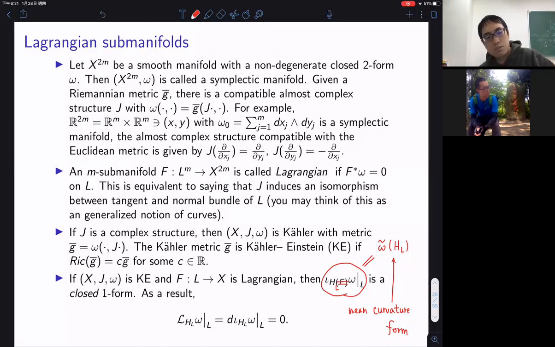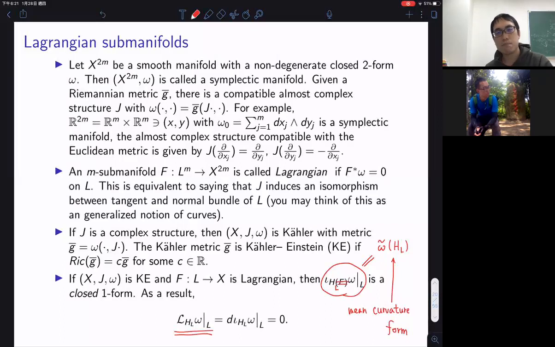Okay, so what's special about having a closed one-form? Well, once you compute the derivative of omega in the direction of the mean curvature vector, by Cartan's homotopy formula, what you will get is the exterior derivative of this omega tilde H. So if the ambient space is Kähler-Einstein, this gives you 0.